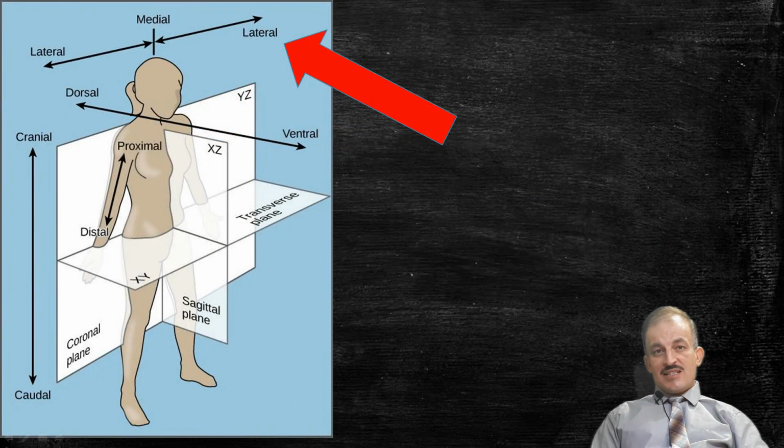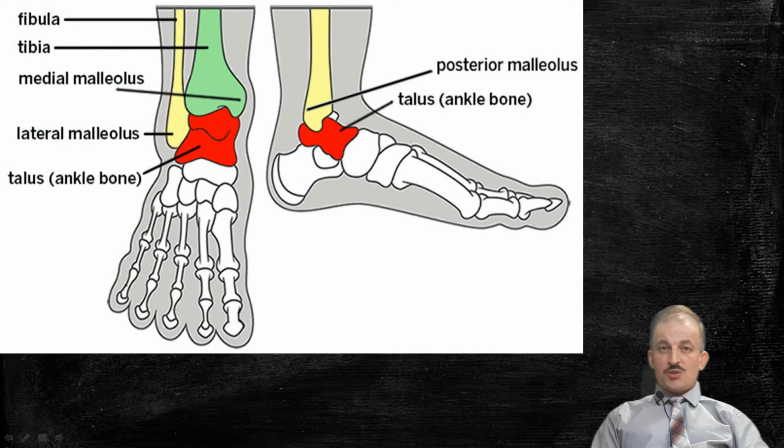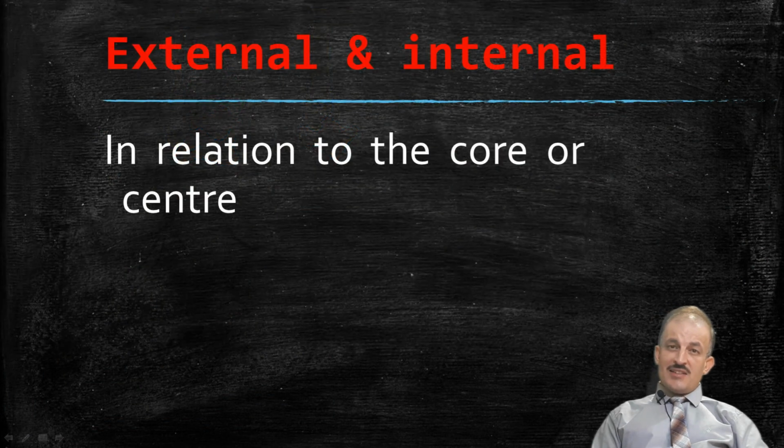These are the axes and planes of the human body, showing lateral, which is outward, and medial, which is toward the human body. This figure shows the tibia, situated medially, and the fibula, the yellow bone, situated laterally. External and internal relate to the core of the human body.